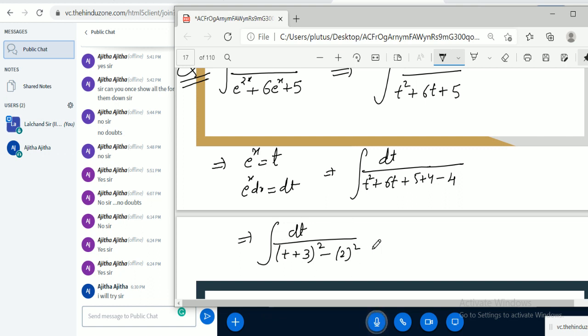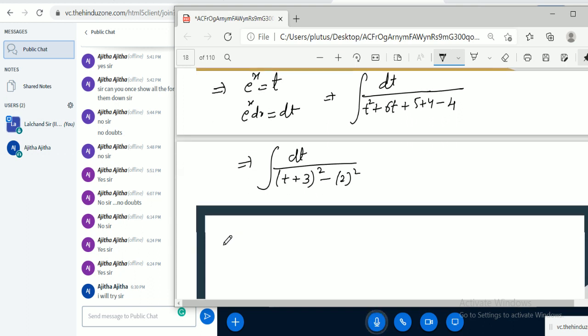What is the integral of this now? So integral of this will be 1 by 2a. So what is the value of a? This is 2.